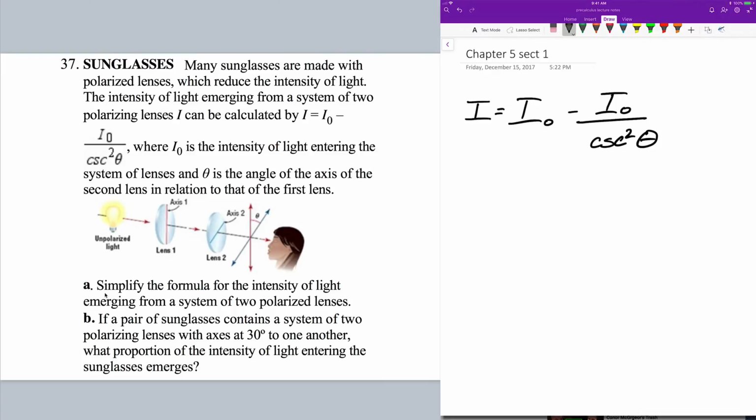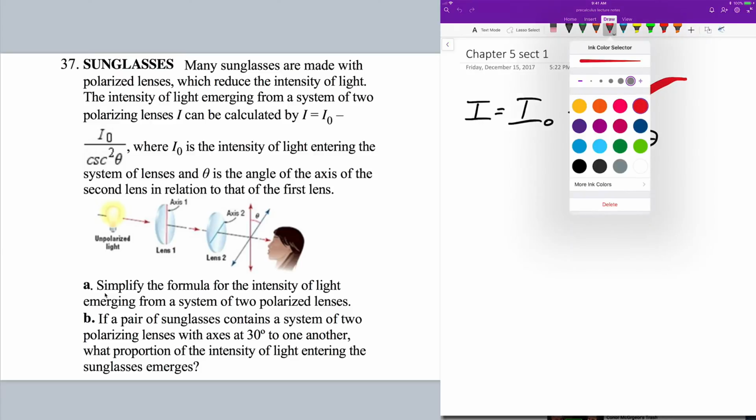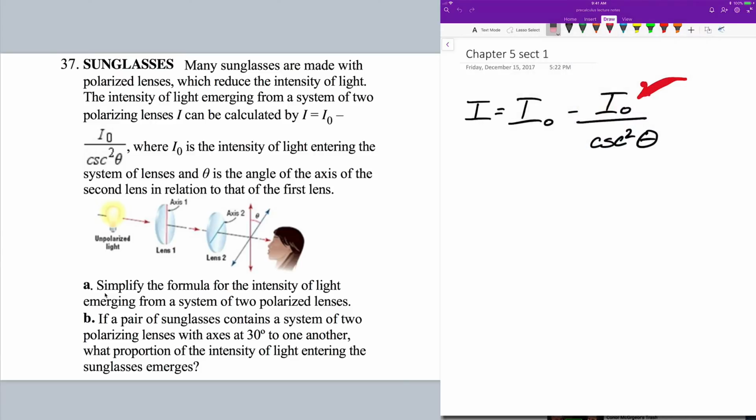As I look at the formula, there's not much I can do at first, because there's no trigonometric function I know of that relates to these terms, since I'm dealing with such a specific physics problem.